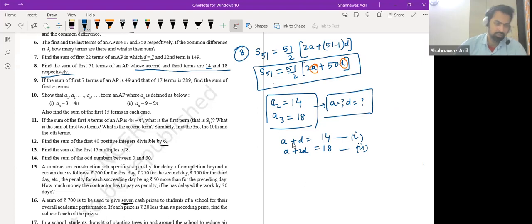I eliminated them, and I got minus d is equal to minus 4, right? So the A cancels, this is minus 4. So D is 4. Then what would be A?